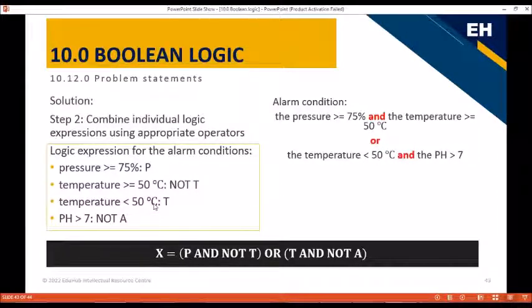Temperature is less than 50 degrees Celsius, then the value is T. We have T and the pH is greater than 7. pH greater than 7 is not A, and not A. So this is how to actually deal with this. So it requires your carefulness and attention to details before you can be able to walk through it.